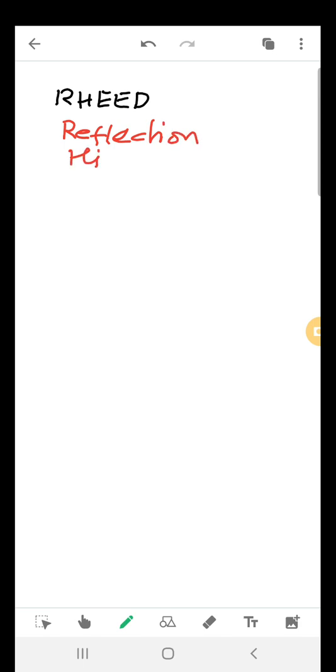Hello students, today we will start with a microscopic phenomenon, a diffraction phenomenon called RHEED. The full form of RHEED is reflection high energy electron diffraction.